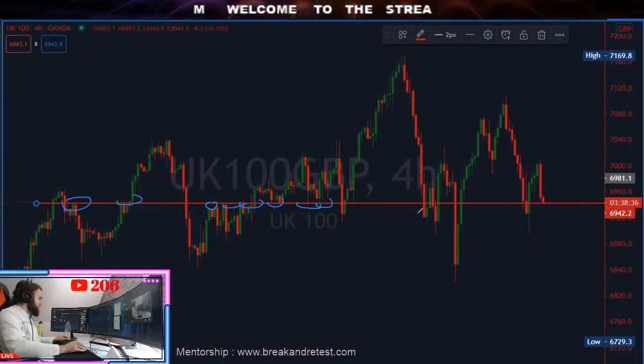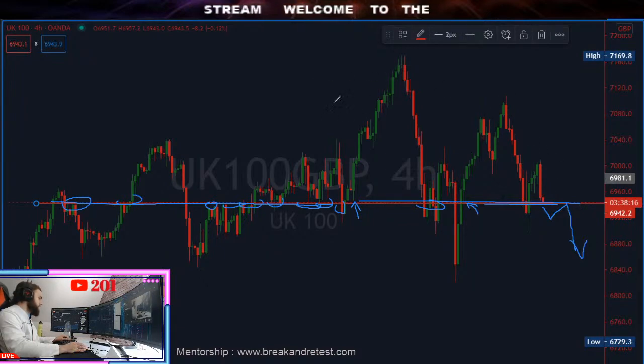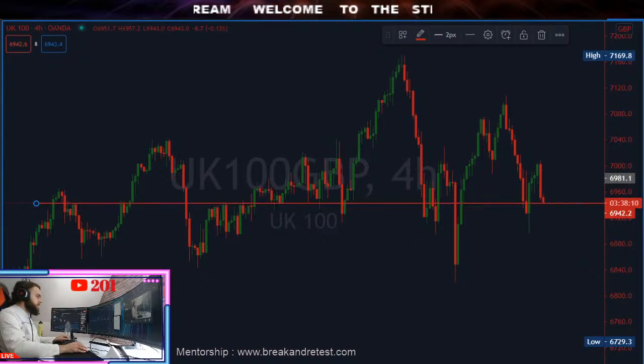Plenty of rejection actually. They got respected until here. Then you had this fake out, then it didn't really respect maybe in this case. That means you're at support. Maybe wait for a break below the support and you can take the retest. I don't know if break and retest works on these indexes, but you can try, why not? Test it. If it does work, then you can do it.